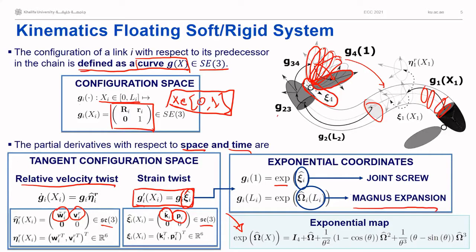The Magnus expansion is an infinite series of the strain in this case, and its integral and the Lie brackets of those. And I will show you a little bit more about the Magnus expansion later.